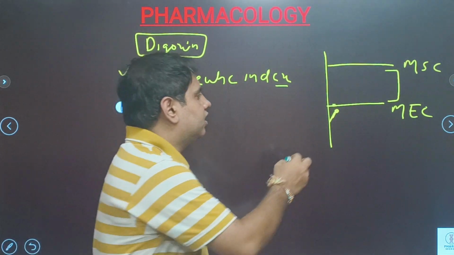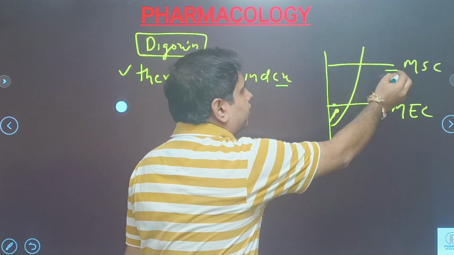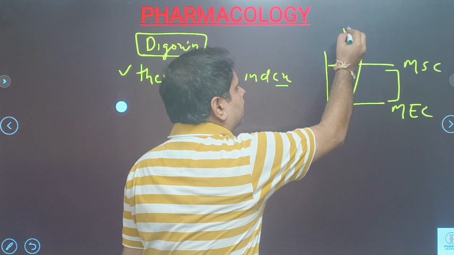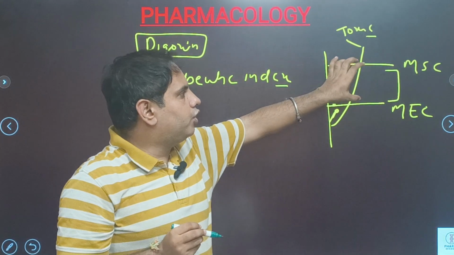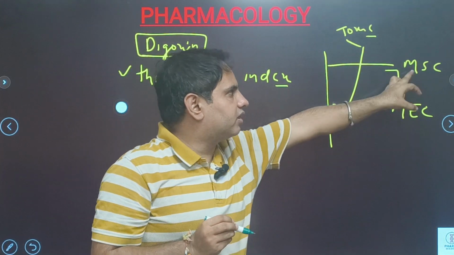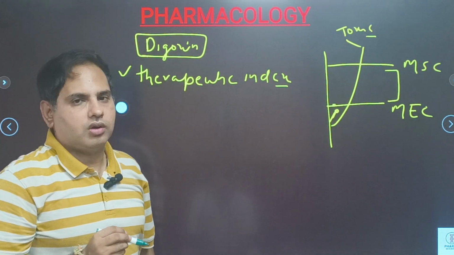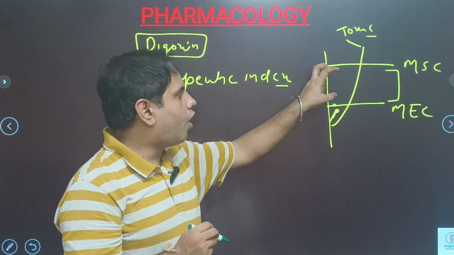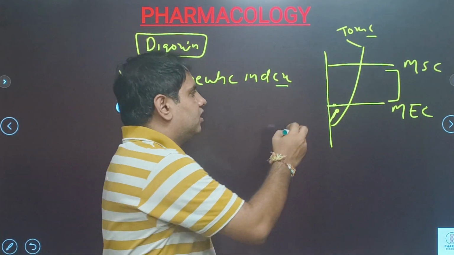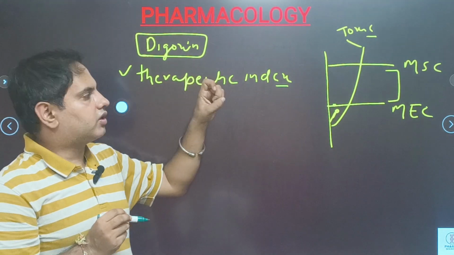If it crosses the maximum safe concentration, it will produce the toxic effect. The window between the minimum effective and maximum safe concentrations we call the therapeutic window or therapeutic index. One example of a narrow therapeutic index drug is digoxin.